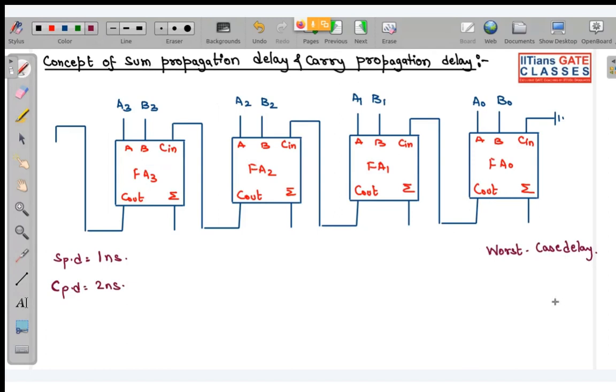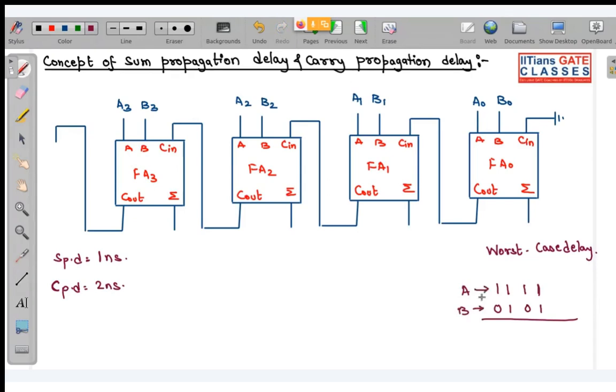So let me take one example: 0 1 0 1. Let me check once. 1 plus 1 is 0, carry 1; 0 carry 1; 1 carry 1; 0 1. Okay, fine. So worst case delay means all the full adders are suffering from delay. I have assumed this is A, this is B.